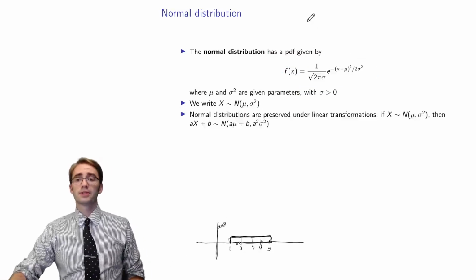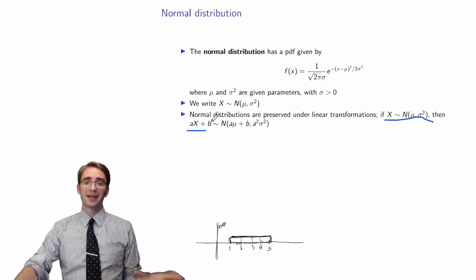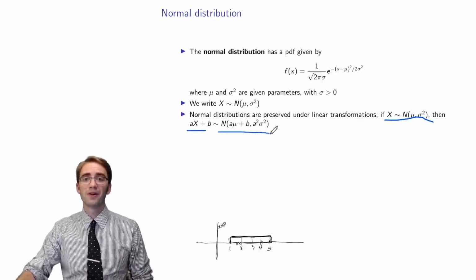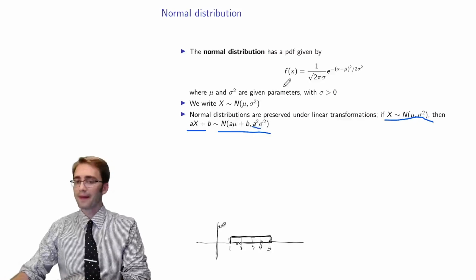Normal distributions are preserved under linear transformations. So if X follows a normal distribution with mean mu and variance sigma squared, then if I take aX plus b, so multiply X by a and add b to it, that's also normal with a new mean, a mu plus b, and the variance is a squared sigma squared.